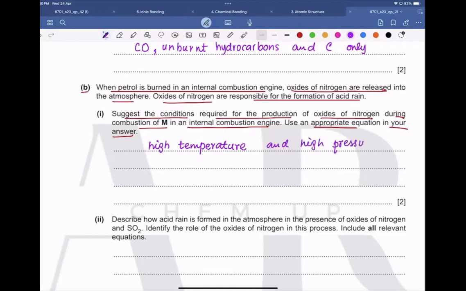So both of these conditions lead to the reaction. Okay. Now, nitrogen and oxygen react to form nitrogen monoxide. That's what is produced in a car engine. So to balance the equation, I need to put a 2 over here. Is this clear?